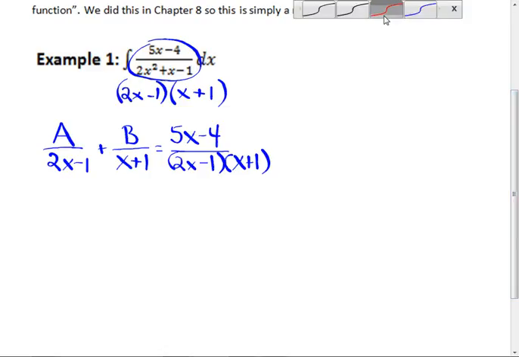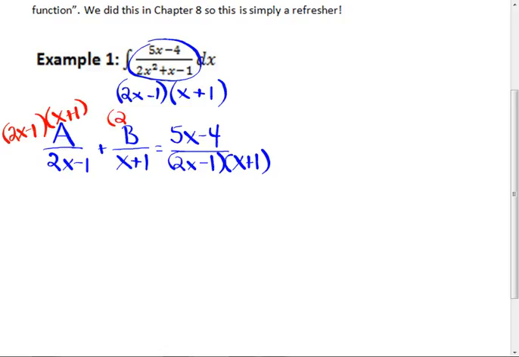So what are we going to do? I don't want to deal with fractions, so let's clear the fractions out. Let's multiply by 2x minus 1 times x plus 1 for each term. And then things are going to cancel.